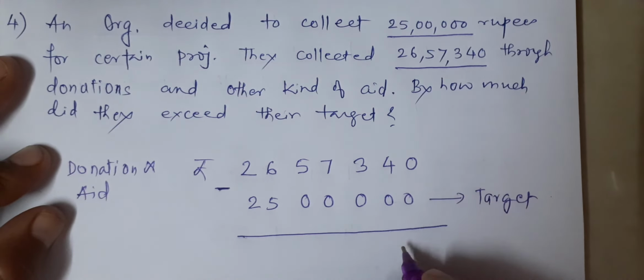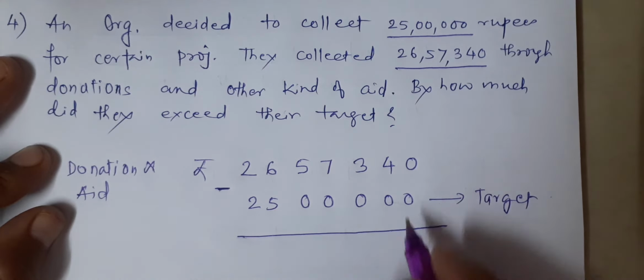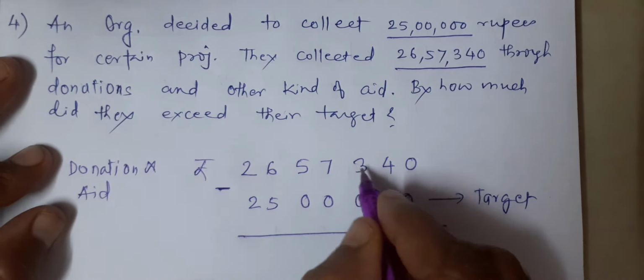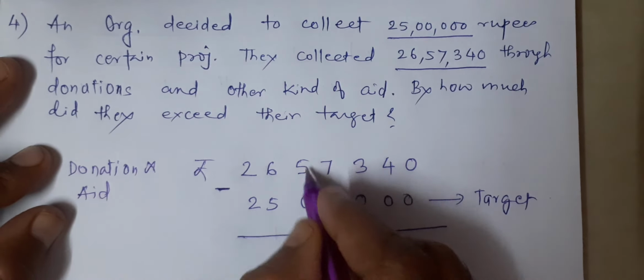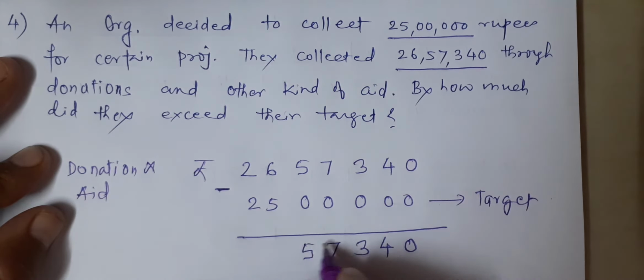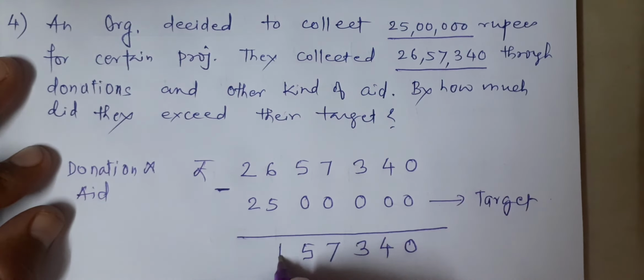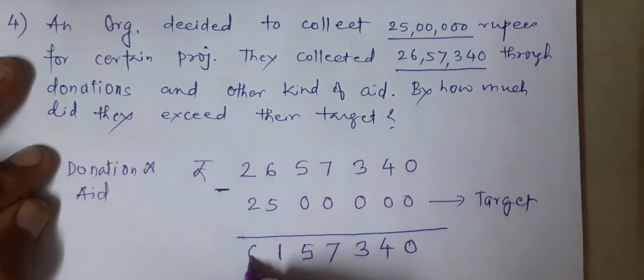So 0 minus 0 is 0, 4 minus 0 is 4, 3 minus 0 is 3, 7 minus 0 is 7, 5 minus 0 is 5, 6 minus 5 is 1, 2 minus 2 is 0.